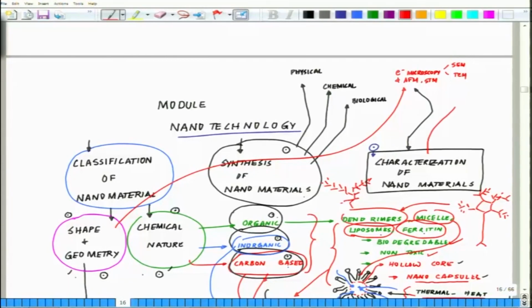Then we talked about the chemical ways of understanding the atomic architecture using XPS, XRD, and FTIR.